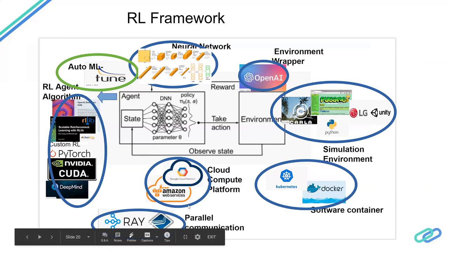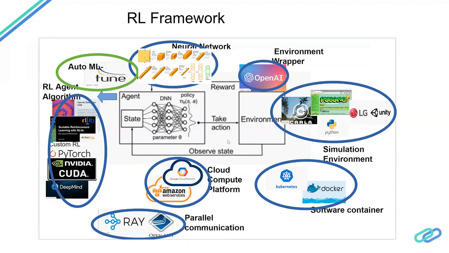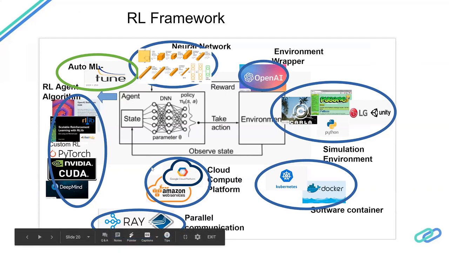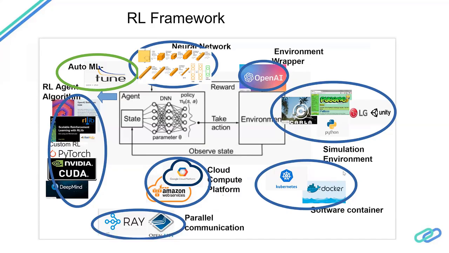And then you train the algorithms first on your laptop, and then you have to scale up to some cloud-based computing platform like AWS or GCP. When you go there, if you're working with a third-party provider, you'll have to deploy container-based solutions like Kubernetes or Docker.